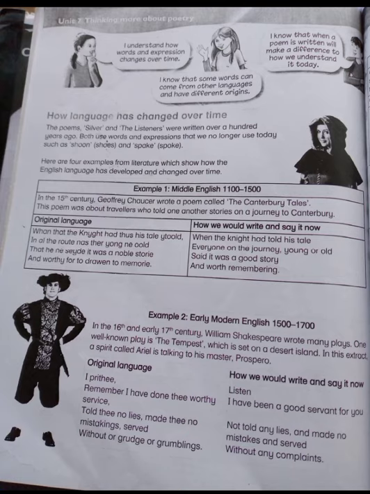But if you go to Shakespearean time, the time Shakespeare was writing, the language which they used to use then is different from the language which we are using right now. It's very, very different.